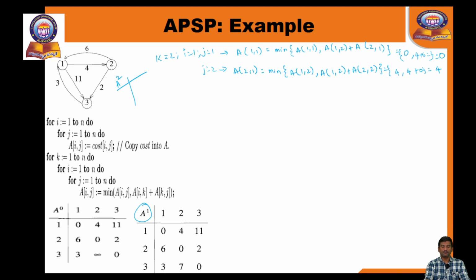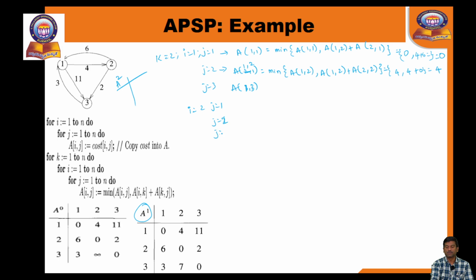I'm sorry, this is A of 1 comma 2, because the j value is equal to 2. Similarly, you'll be finding A of 1 comma 3, and then the value of i will be equal to 2, and the process goes on.